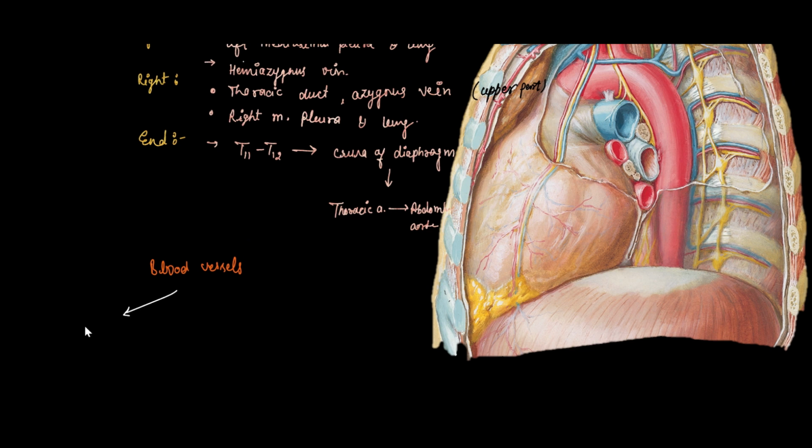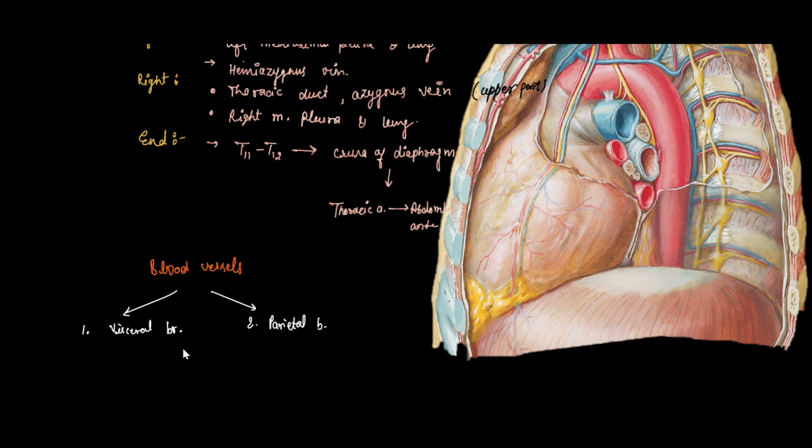The first one is visceral branches. The other one is the parietal branches. The visceral branches and parietal branches are classified on the basis of the area which they are supplying blood.